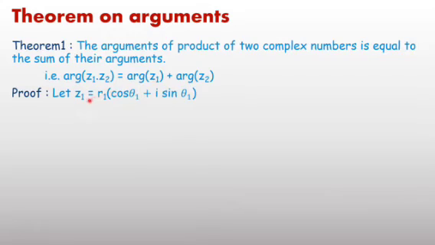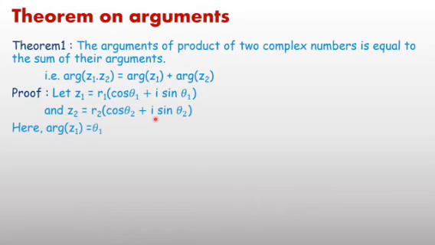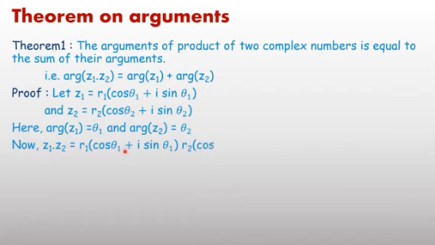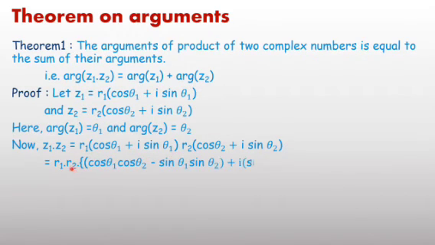Proof: just take two complex numbers, z1 equal to r1 cos theta 1 plus i sin theta 1, and z2 equal to r2 cos theta 2 plus i sin theta 2. Now find the product z1 into z2. Here theta 1 means argument of z1 and theta 2 is the argument of z2. So z1 into z2 equals r1 cos theta 1 plus i sin theta 1 into r2 cos theta 2 plus i sin theta 2. r1 r2 is multiplied outside.